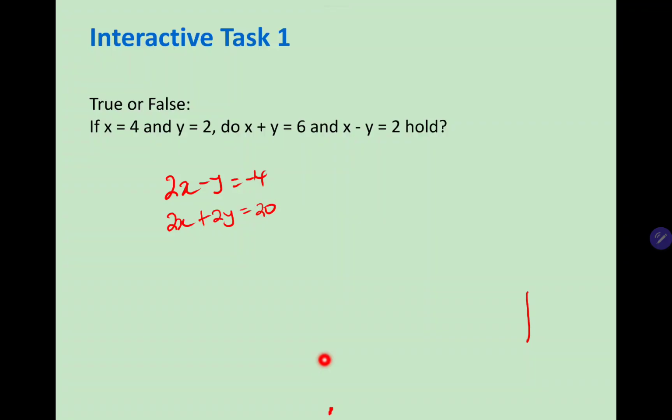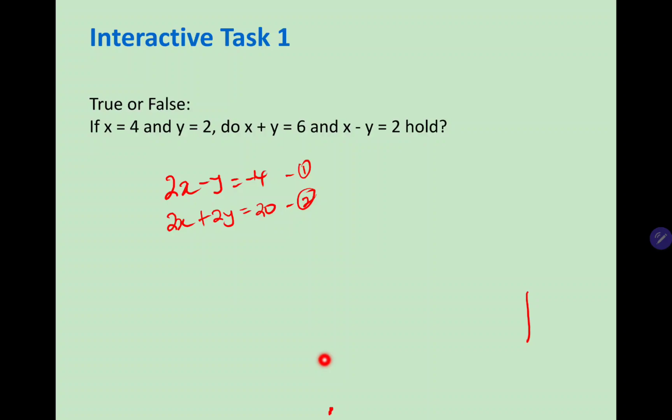Let's try this and see. Okay, so if we have this as our simultaneous equation, this is equation 1, this is equation 2, I want to use substitution method. All you have to do is try to make one of the equations, one of the unknown, the subject of the formula in that equation, then substitute that into the other equation.